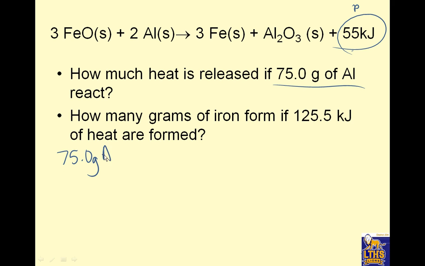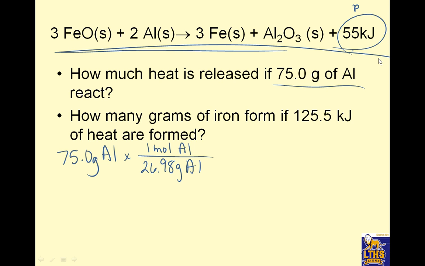And hey, starting 8th period today, Friday. So 26.98 grams of aluminum for 1 mole of aluminum. Now, I'm going to use this balanced equation, and these are my coefficients. This is my heat coefficient. Instead of being moles, it's kilojoules because it's heat.